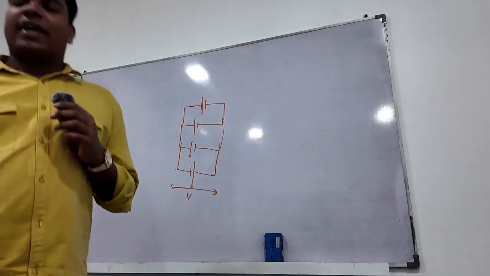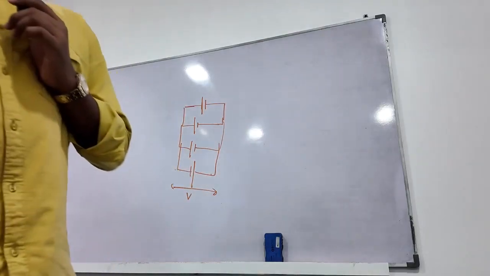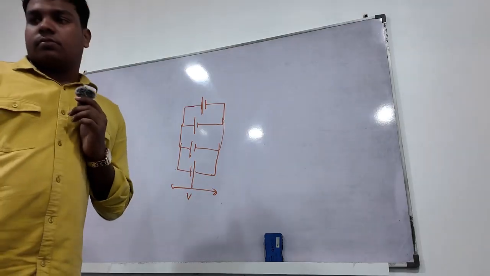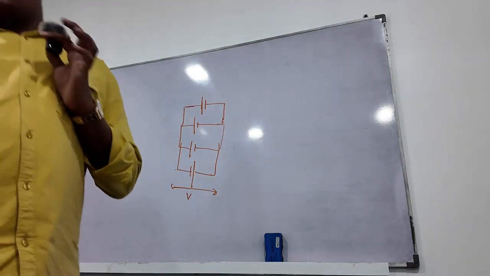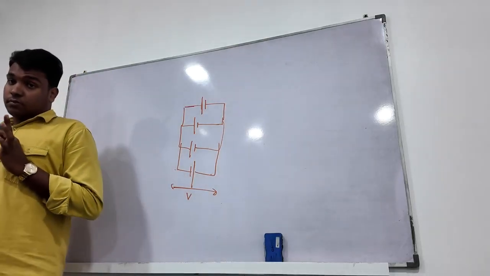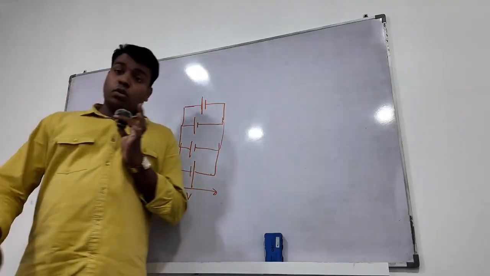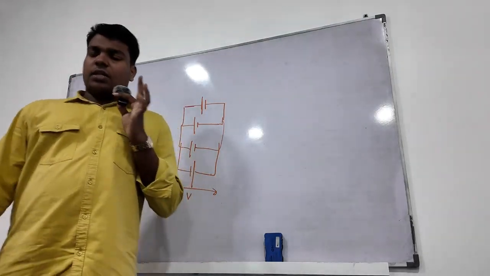Can it be f over 8? It can't be that small, no? And can it be 3f? They are asking what could not be. Can it be f over 8? It can't.